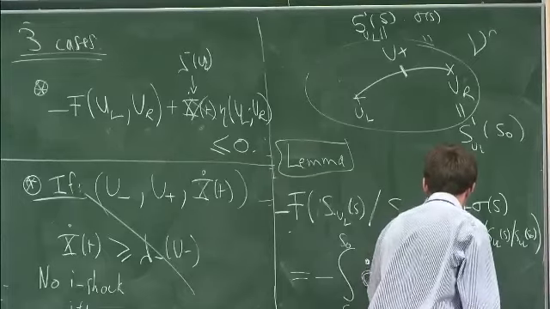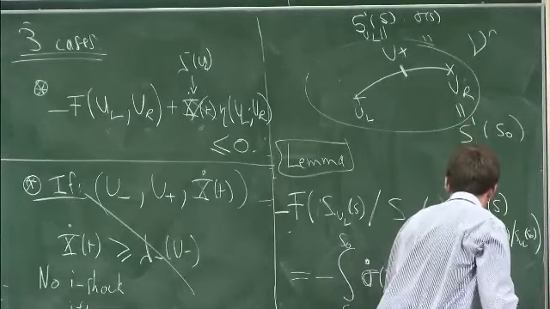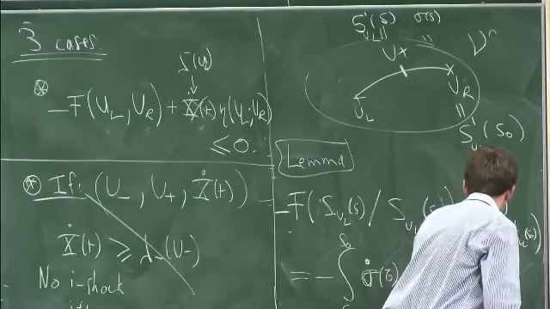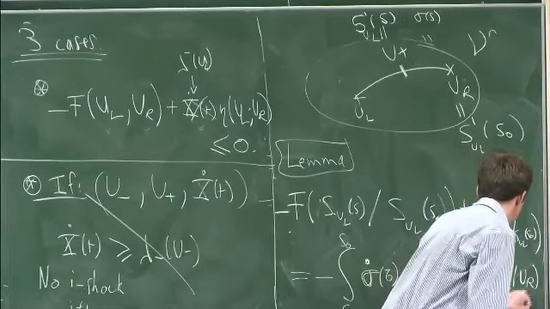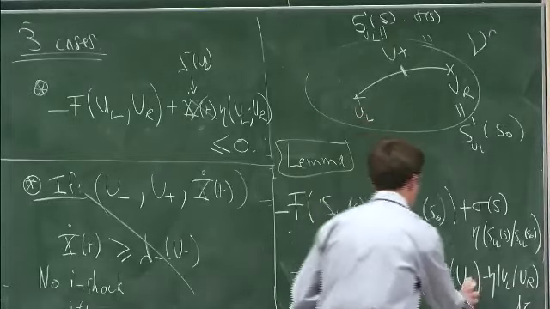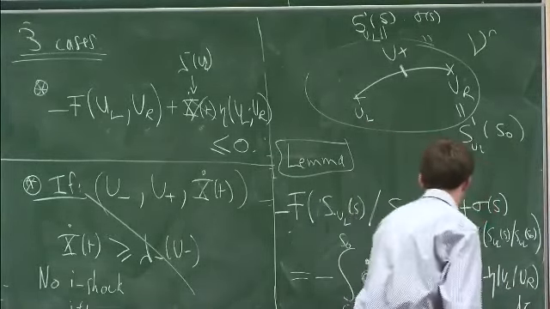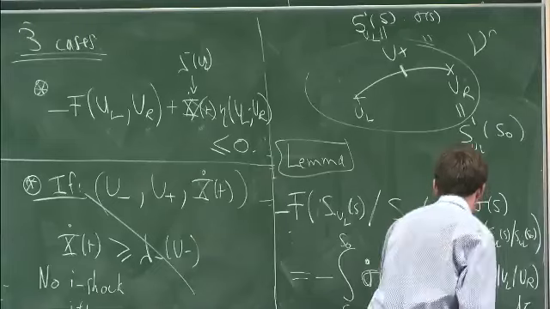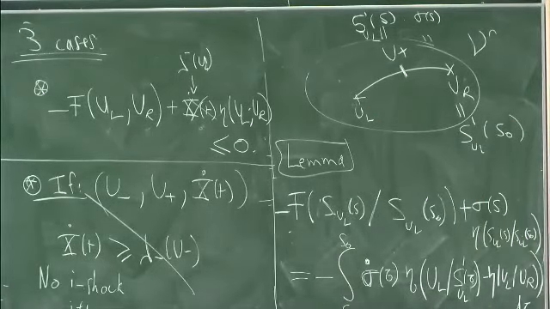So it's UL with respect to, let me put a plus on the U plus, minus eta of UL with respect to UR, d tau. No, I cannot write it that way because here it has to be S of tau. UL1. Yeah, I think this is it. And okay, so this is the formula.